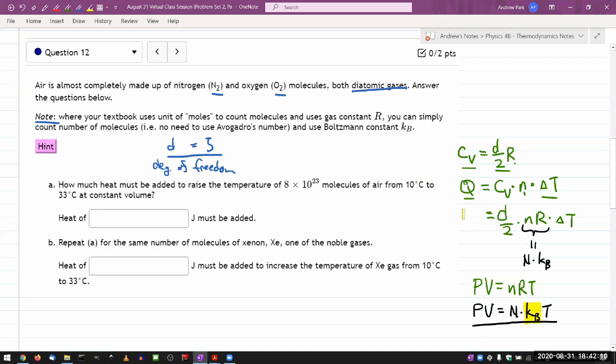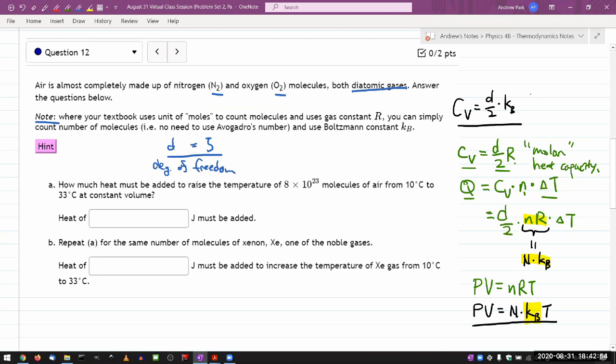So with that in mind, instead of having the molar heat capacity, you can actually have heat capacity per molecule. And the heat capacity per molecule would be simply D over 2 times the Boltzmann constant.